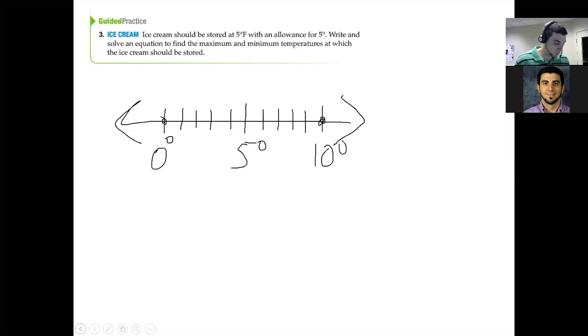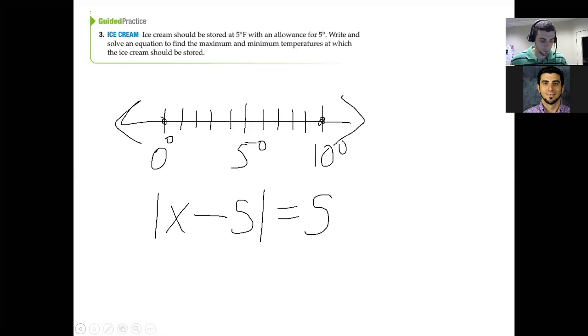So what you want to do is, when you write the absolute value equation for this one, you want to do the absolute value of x minus 5 equals 5. Now, how did I get that? Well, x represents the temperature that the ice cream is actually stored at.